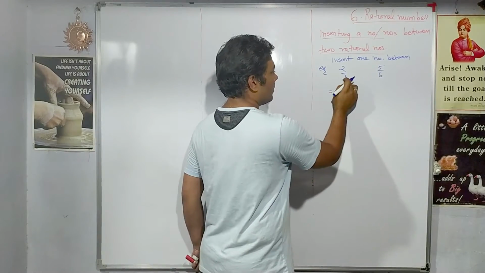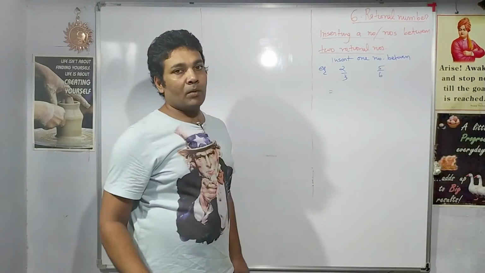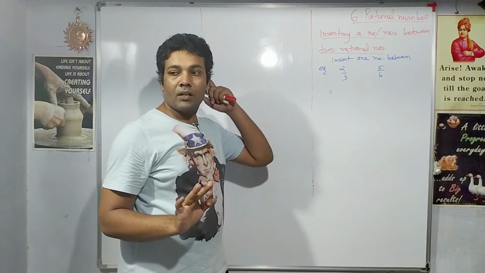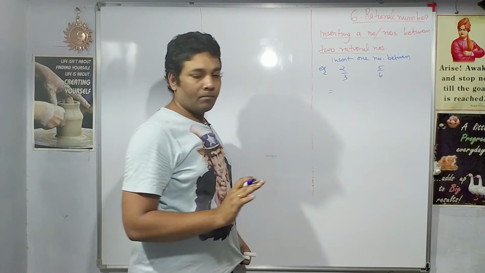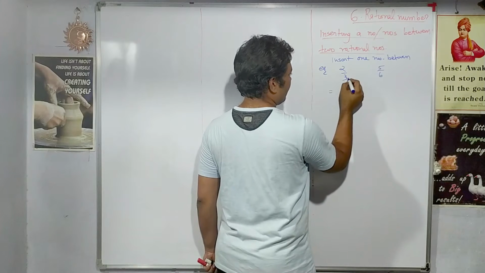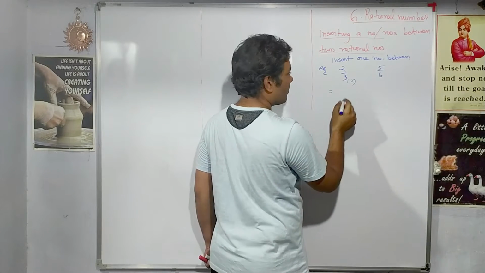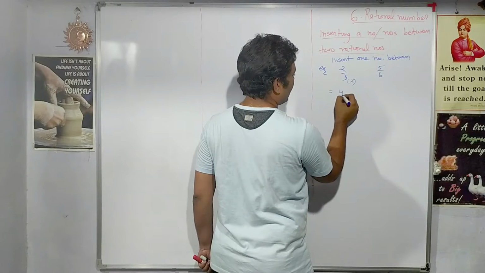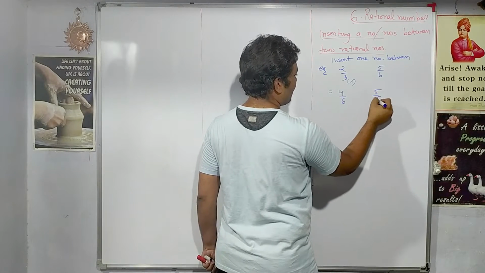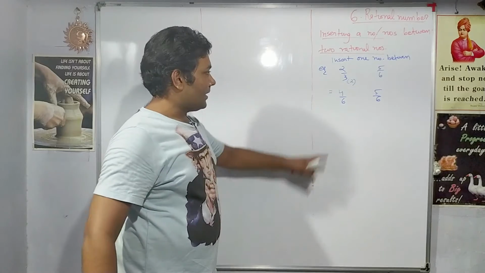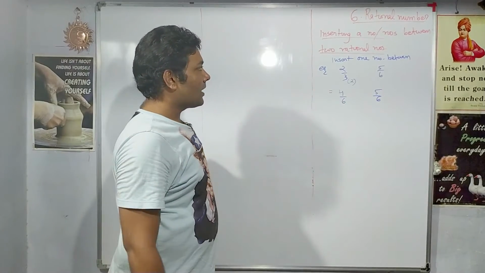First rule, you have to take LCM compulsory. The denominators must be same, right? So if we take LCM, it will be 6. So it will be 4 upon 6, 5 upon 6, right? Is there any number possible between them?